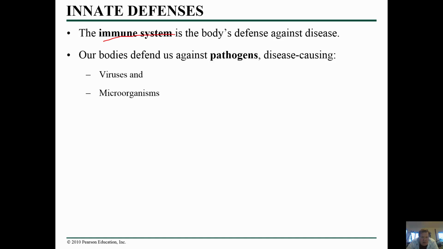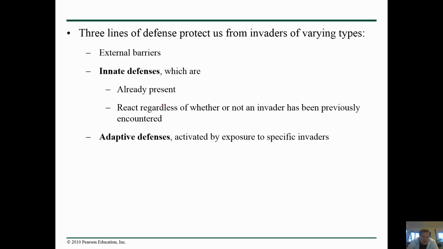What we call immunity is basically the body's defense against disease. This is protection against pathogens, and pathogens are viruses and other microorganisms. We've done a number of things to protect ourselves from very large predators. These small predators that we can't see, we would call pathogens.